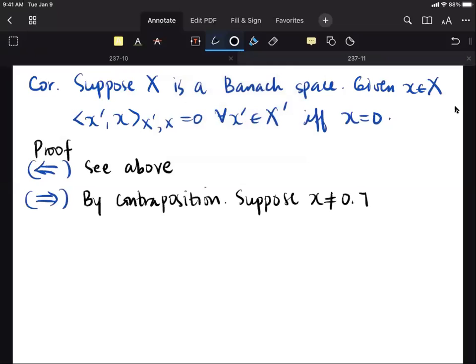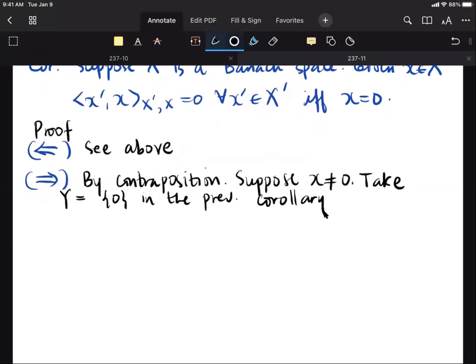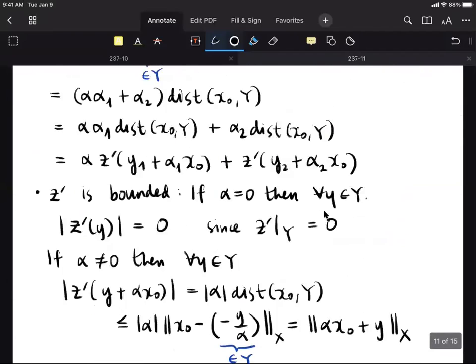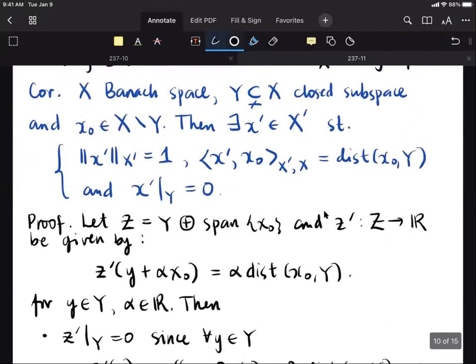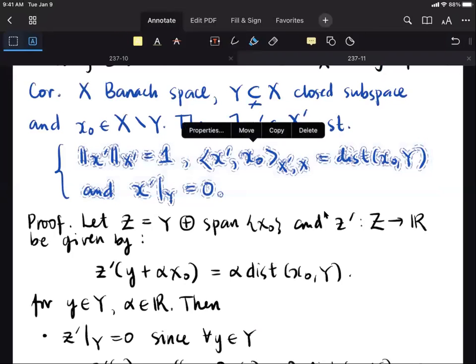Now, if we take Y to be the trivial subspace in the previous corollary, what we get is the existence of an x prime in the dual space such that these properties are satisfied.